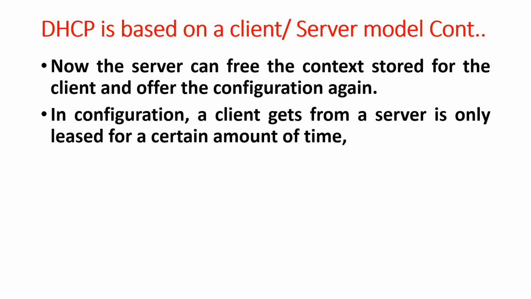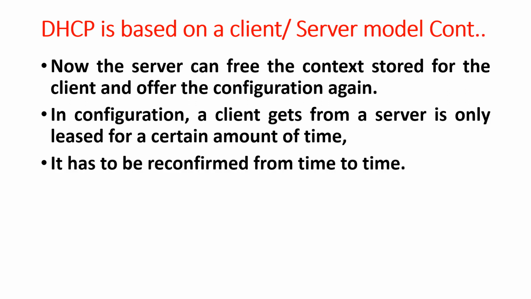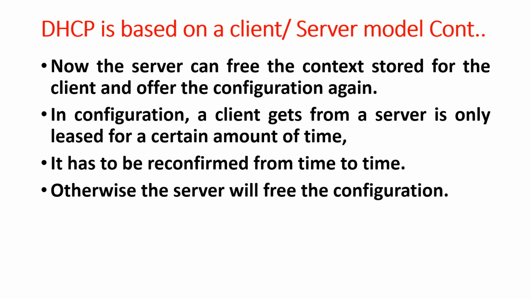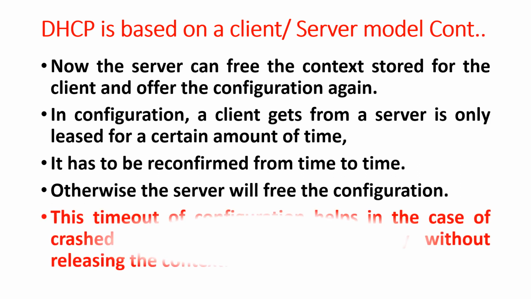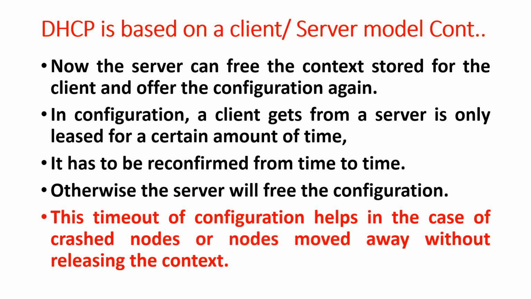The configuration a client gets from a server is only leased for a certain amount of time. It has to be reconfirmed from time to time. Otherwise, the server will free the configuration. This timeout of configuration helps in the case of crashed nodes or nodes moved away without releasing the context.